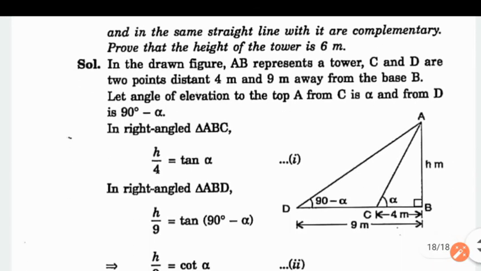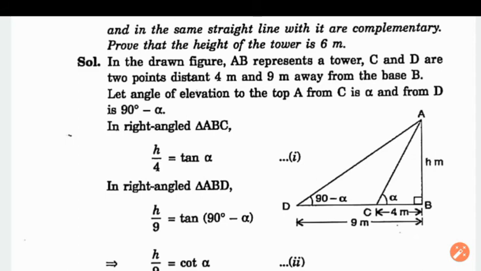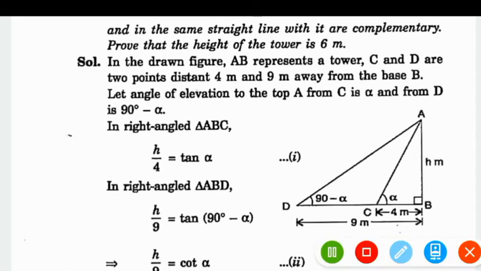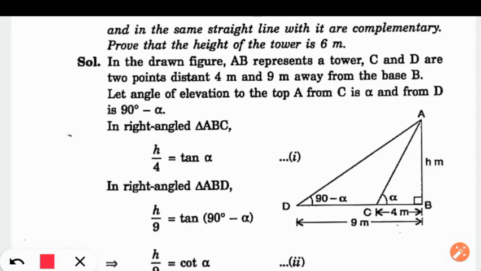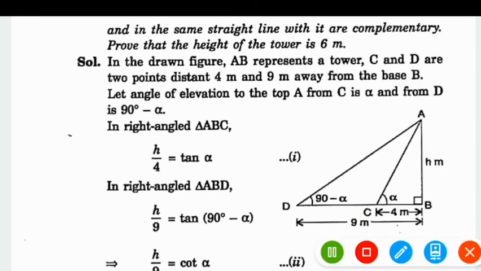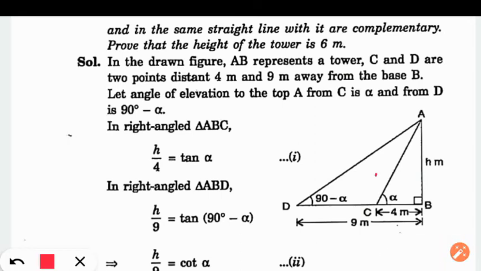So, see the figure. Here AB is the tower, AB is representing the tower. So, at point C, first 4 meter and then 9 meter, right, by question. So, at a distance of 4 meter, that is at the point C, one angle of elevation is there, and let it be alpha.